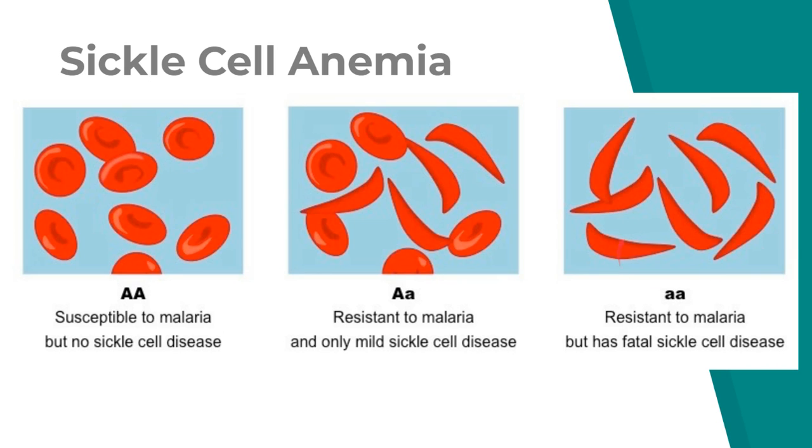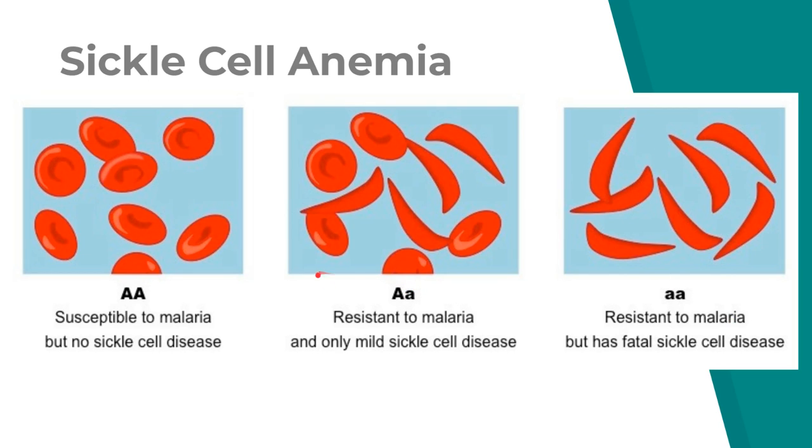This means that you have sickle cell anemia. It's usually very fatal. However, you are resistant to malaria, which is the deadly disease that mosquitoes give you. But this will kill you without having to get malaria, because it causes a lot of blood clots.